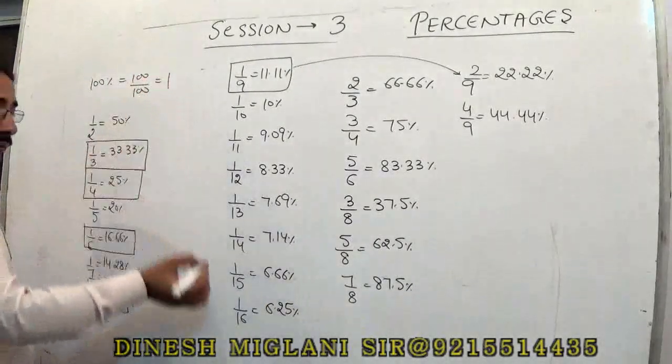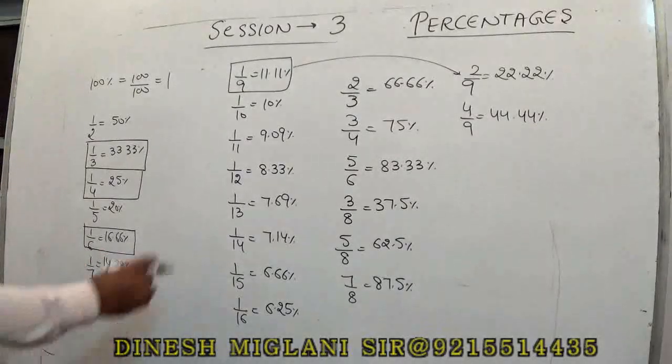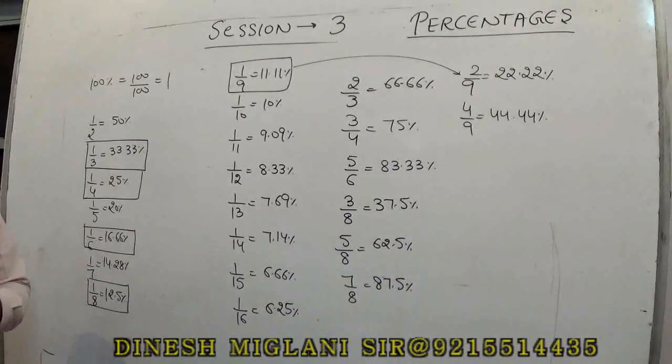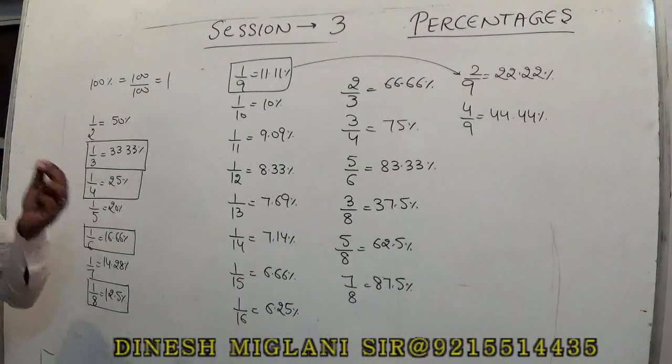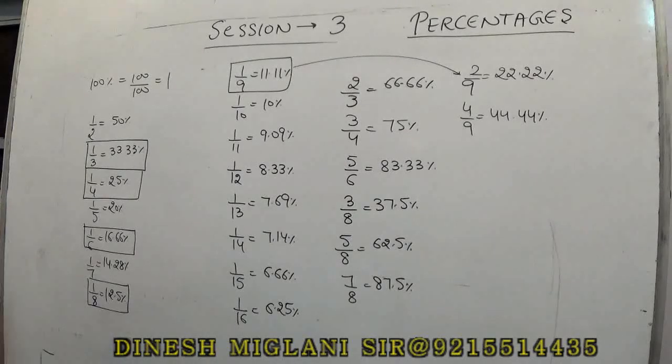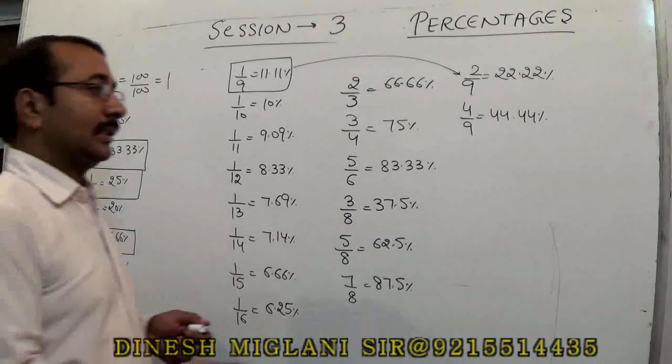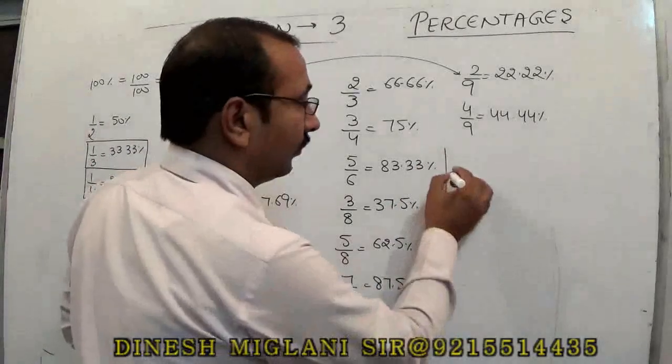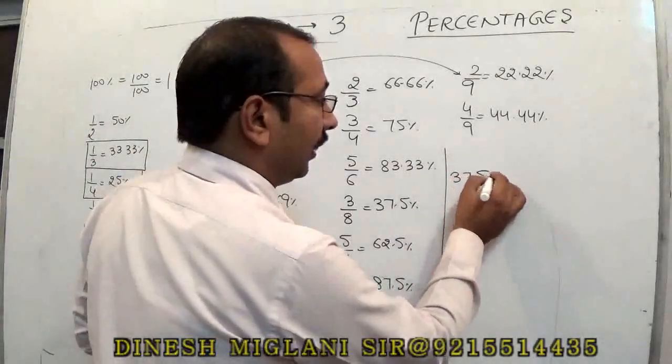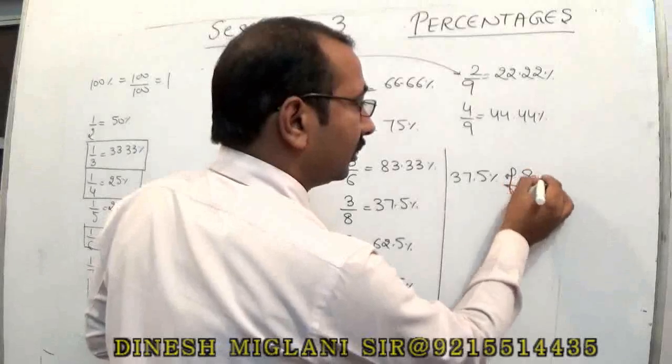The fractions 1 to 1 upon 16 and the percentages that we have stated here are some basic percentages that are being asked in solving a number of questions. A number of places in the question you find that you have to find 37.5% of 800.